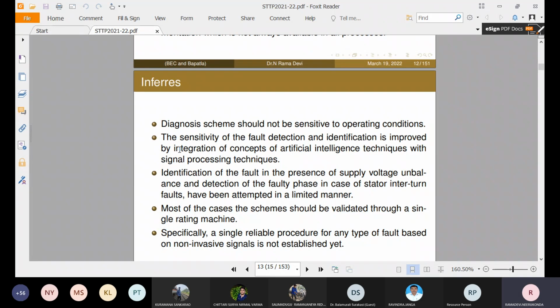Identification of fault in the presence of supply voltage unbalance and detection of the faulty phase have been attempted in a limited manner.